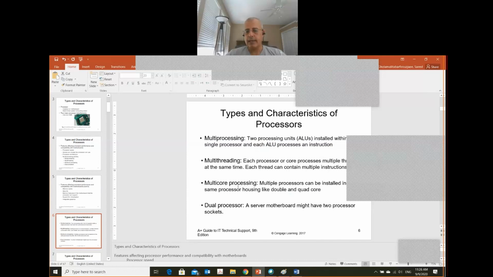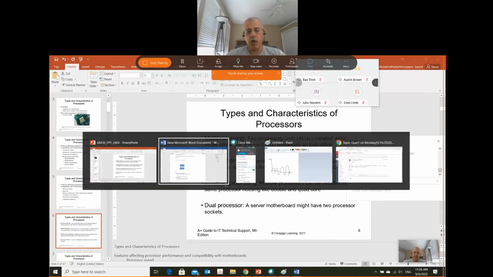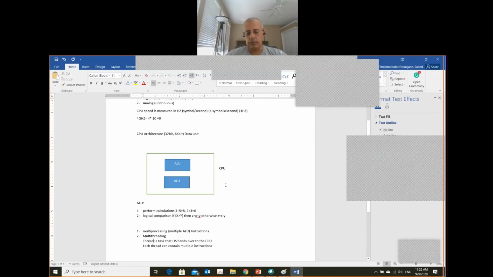The next method is multicore processing. In this method, instead of having one CPU, we may have one CPU with multiple cores. Multi-core processing.